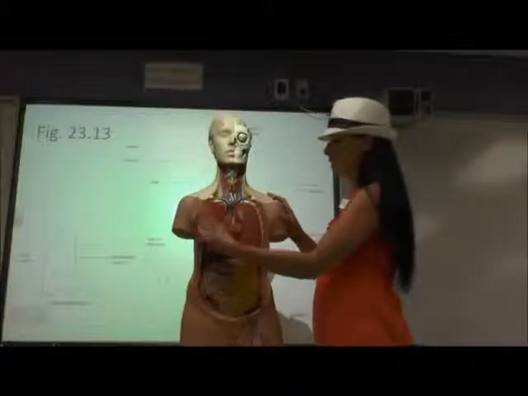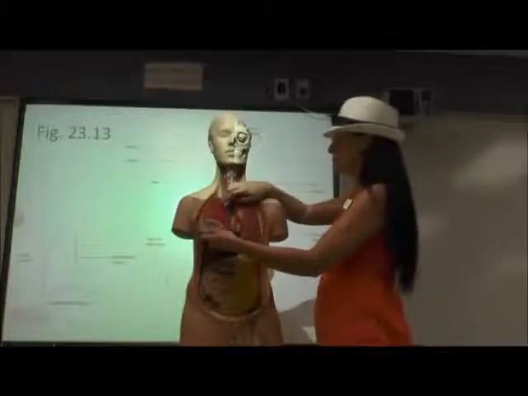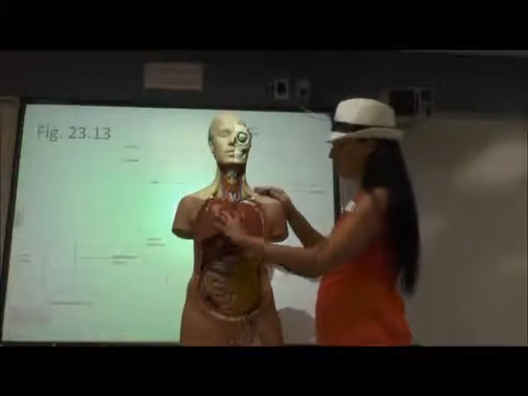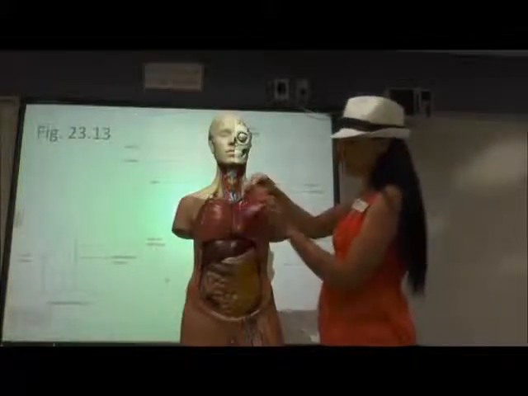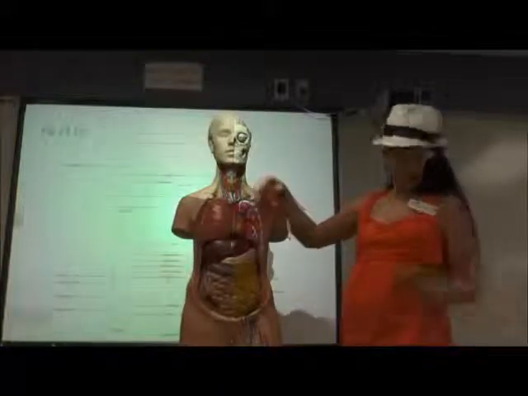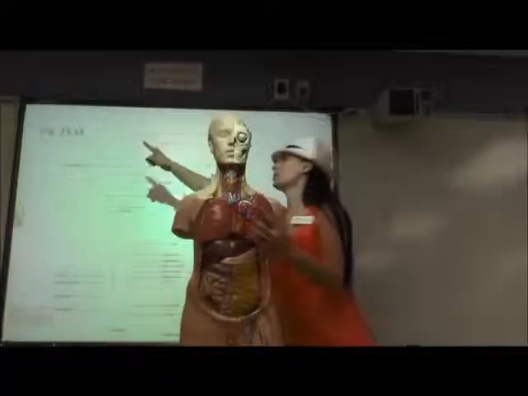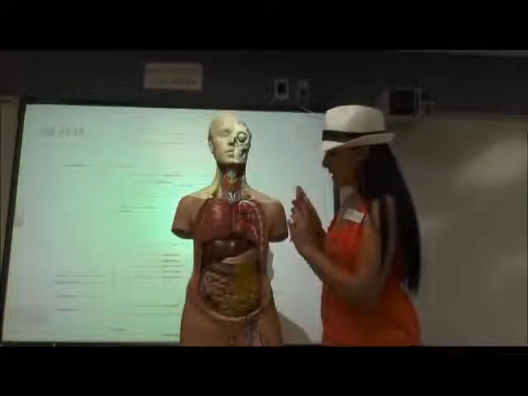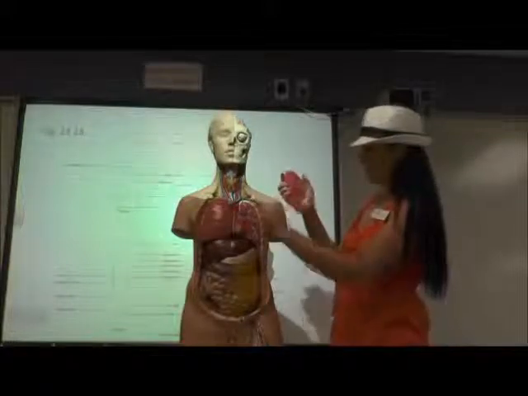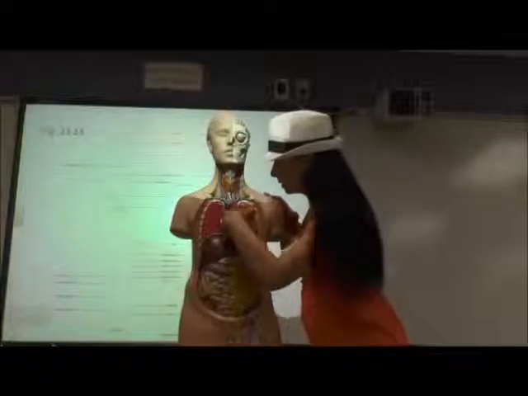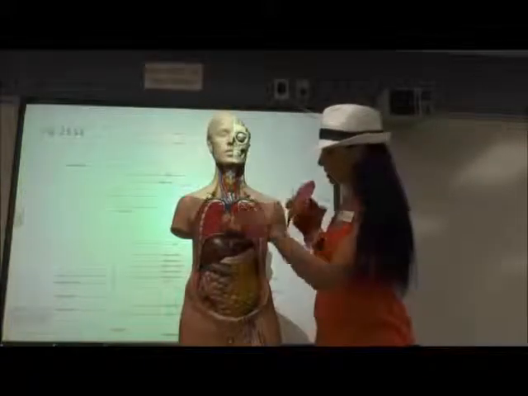Our right lung has three lobes, a superior, middle, and an inferior lobe. And our left lung just has two lobes, and it's got a region called the cardiac notch. This figure in your book shows you our different lungs and their differences. This area here, where we've got this indentation, is called the hilum, and in the hilum the root of each lung is going to enter.